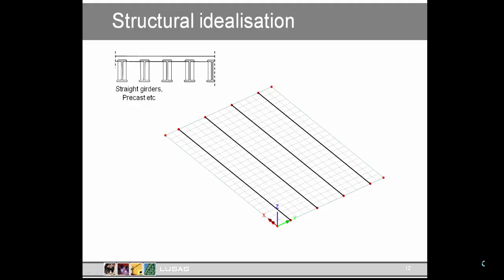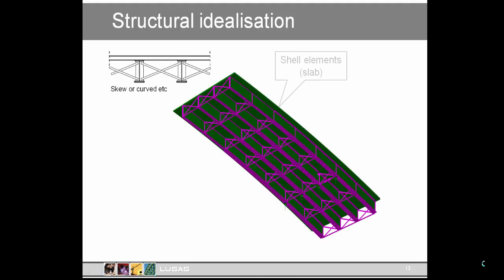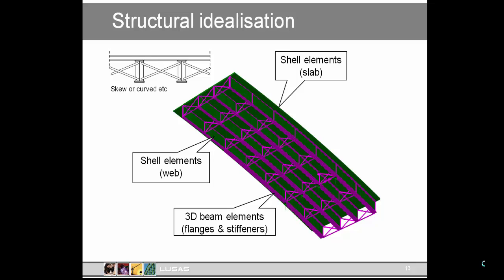So they can be used in models of slab and girder decks by mixing the elements with beam elements in a so-called plate eccentric beam model, or we can use a full 3D model. Here we're using shell elements to represent the slab, and here the girder webs too, while the top and bottom flanges can be represented using beam elements, and stiffeners and cross bracing can also be represented using 3D beam elements.